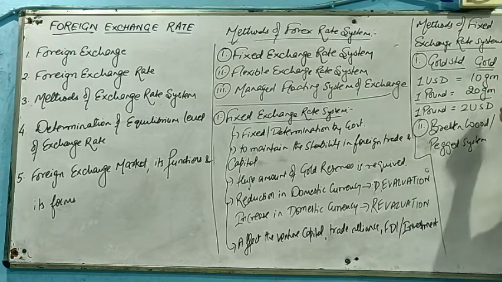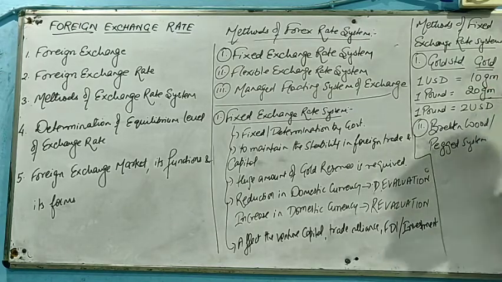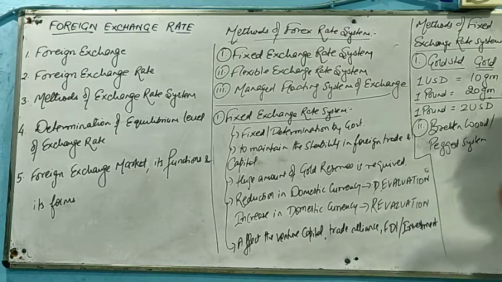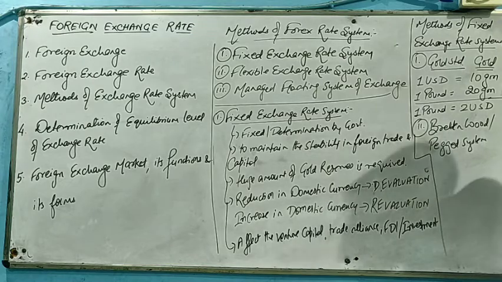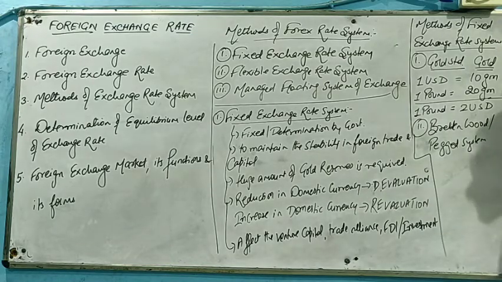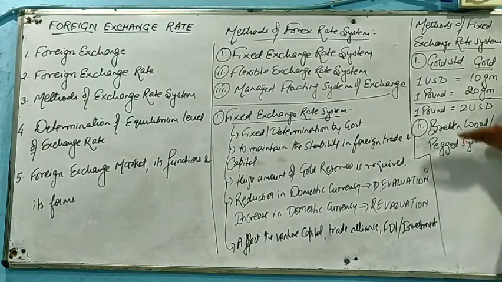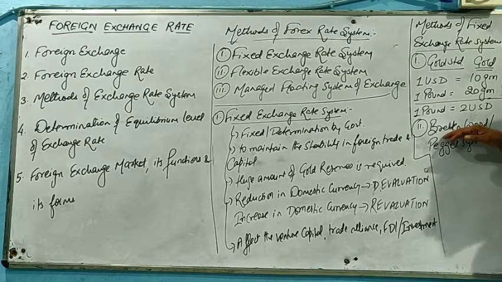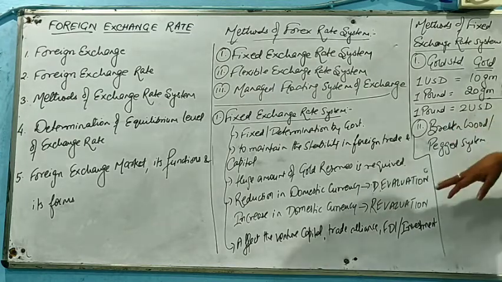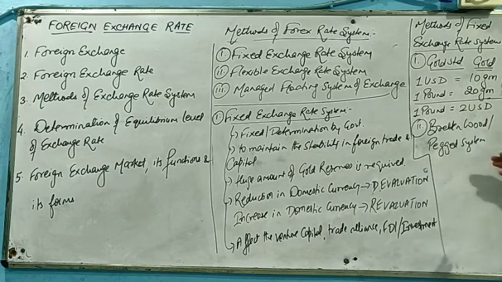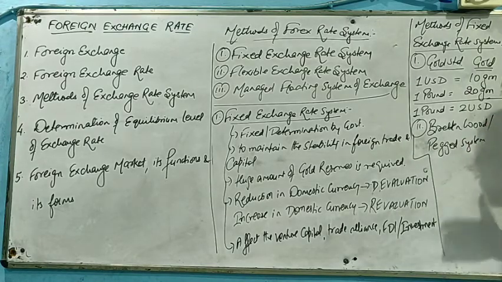This was followed in the earlier days, but thereafter a new system was facilitated by the initiation of the International Monetary Fund. There, in Bretton Woods, we initiated a new exchange system that was known as Bretton Woods.